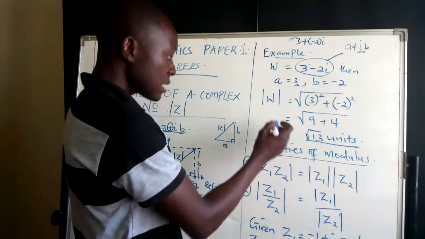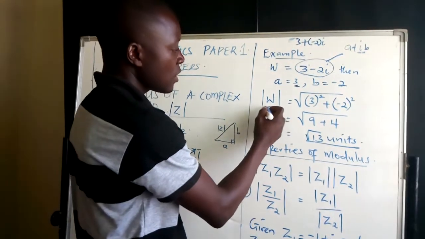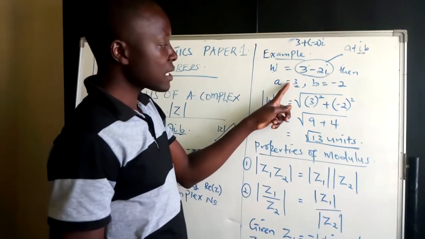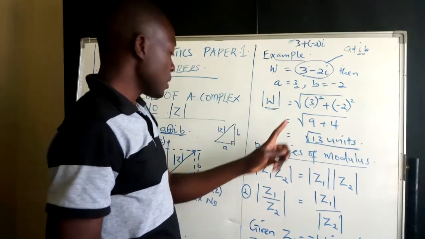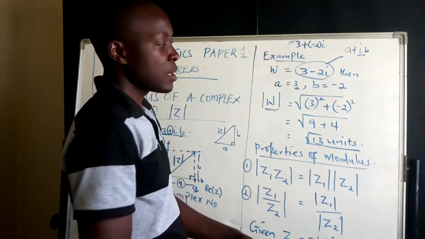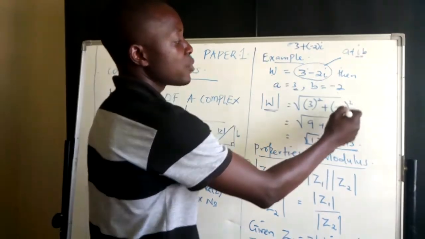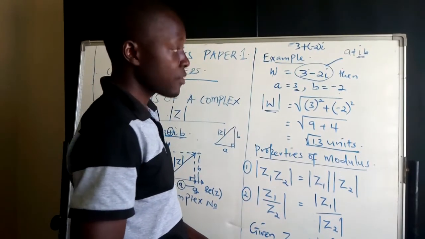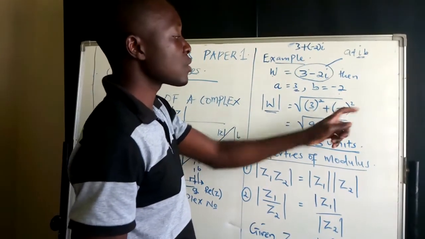So if I'm to get the modulus of the complex number w, I'll have my real part, I square it, plus the imaginary part, which is negative 2, which I also square. Please, wherever there is a negative, put the brackets, because some of you end up messing up by forgetting that the negative is also going to be squared.